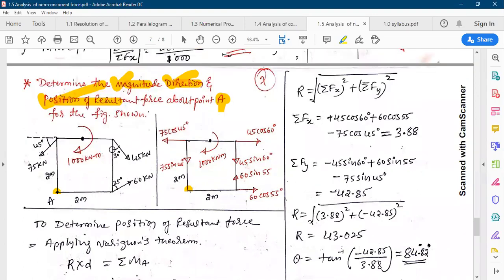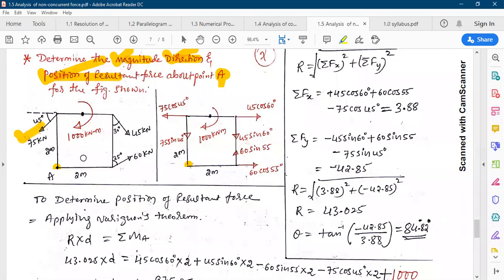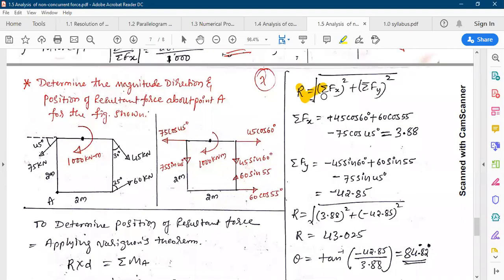So this is the figure shown in the question, and for this system of forces we have to determine the magnitude of the resultant force, direction of the resultant force, and position of the resultant force from point A. As we know, we can calculate the magnitude of the resultant force by using this formula. What is the formula?